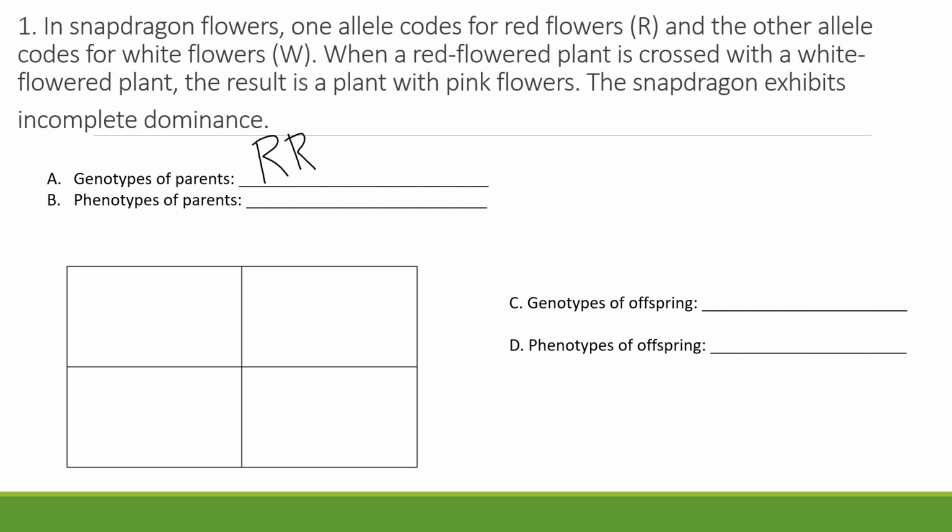Okay, so they still have to have 2 always. And we'll have a WW. Okay, so we have a red flower and we have a white flower. So those are our phenotypes, right? We have red, and we have white.